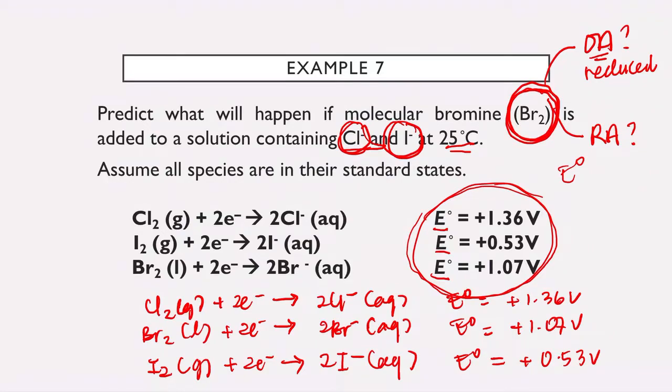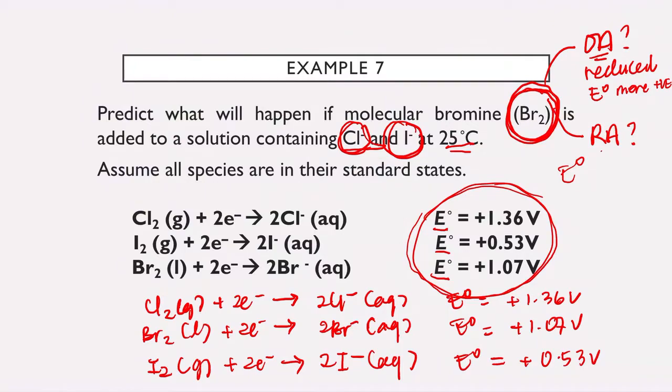So it will undergo reduction, which means its E0 must be more positive, meaning higher up in your standard reduction potential.